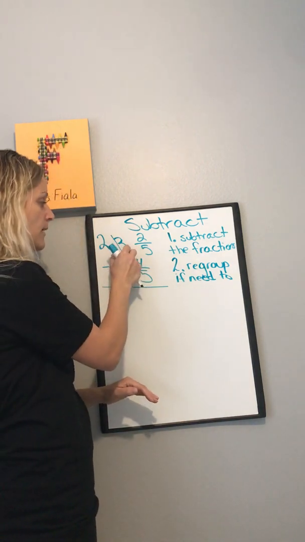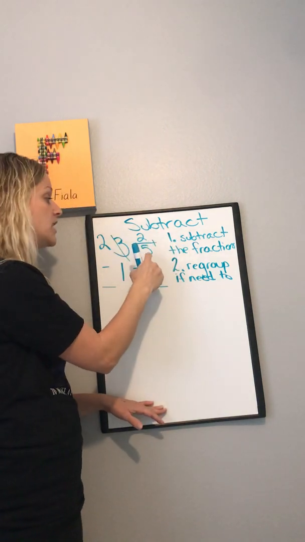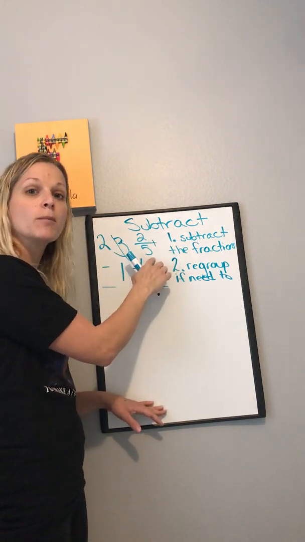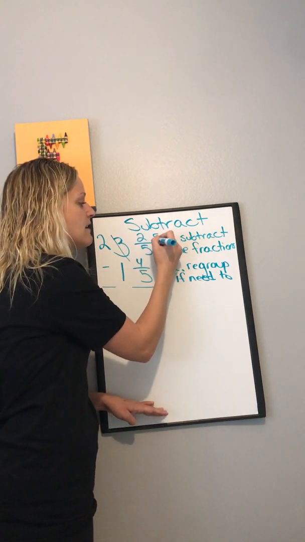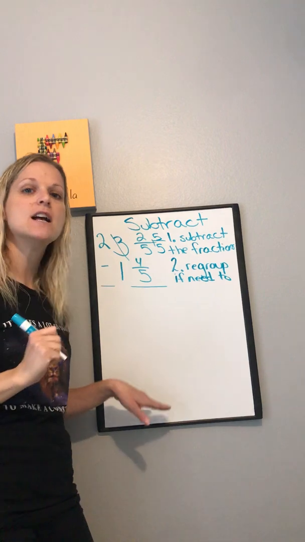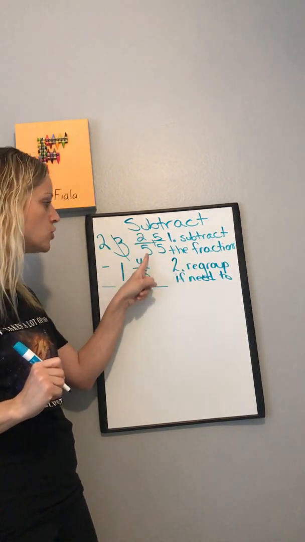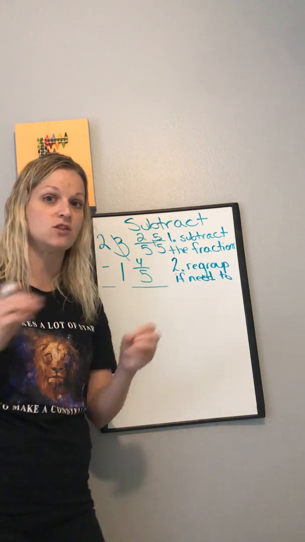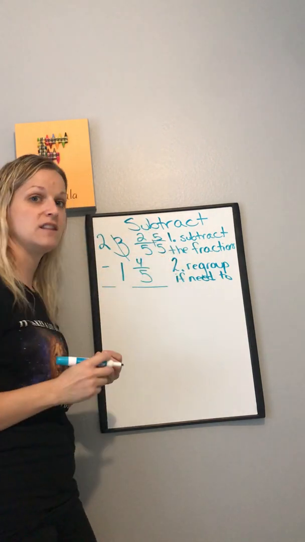So a whole, I'm taking a whole from here, and I'm adding the whole over here. But I'm changing it in the form of a fraction. So I have 2/5 plus 5 over 5. That is equal to my 1 whole I took away. So now I'm going to add the 2/5 plus the 5/5, the whole I carried over, and that equals 7/5.